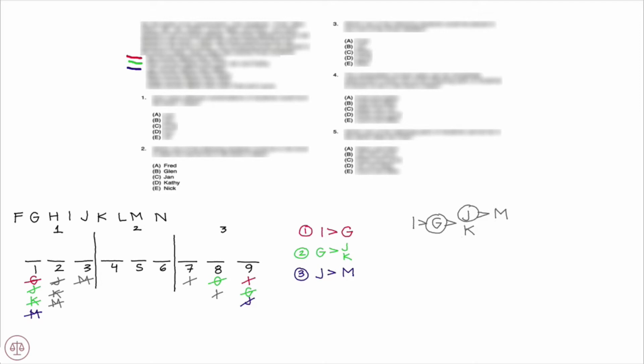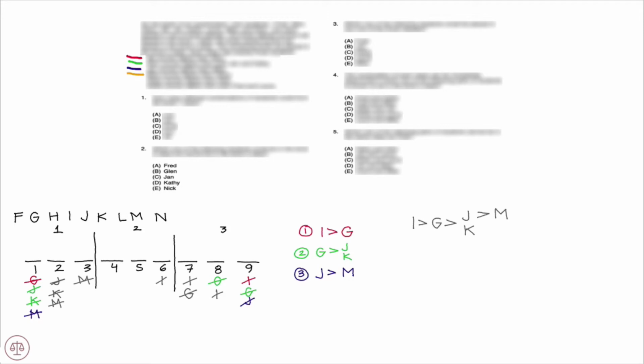So that means I cannot be 9th, 8th, 7th, or 6th. We know that G now has J, K, and M scoring below him. So that means G cannot be 9th, 8th, or 7th. And now we're ready to go to rule number 4.